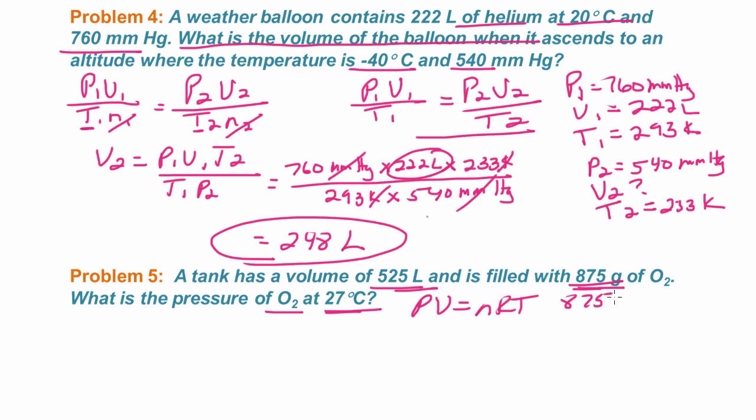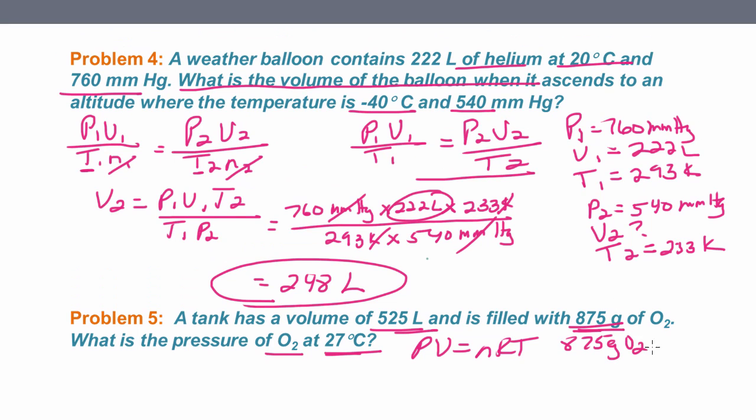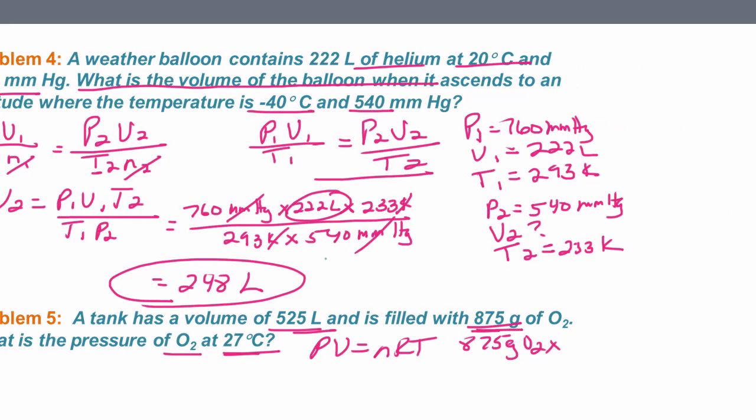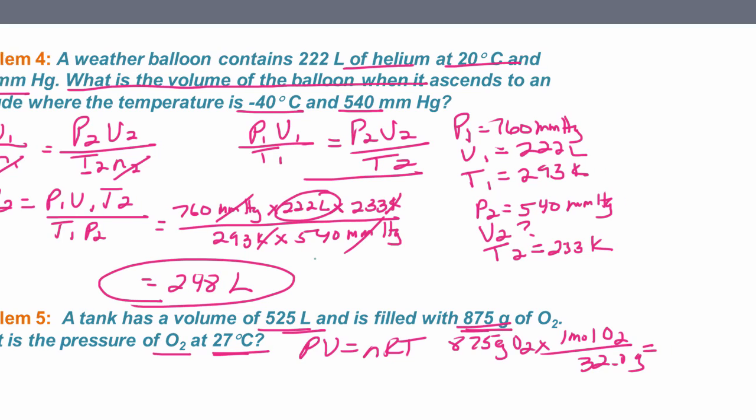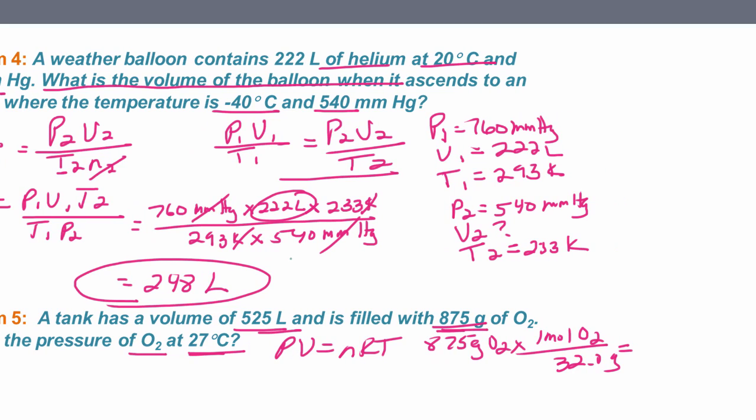So 875 grams of O2, and we know that 1 mole of O2 is 32 grams, and that's going to give us 875 divided by 32, 27.3 moles of O2.